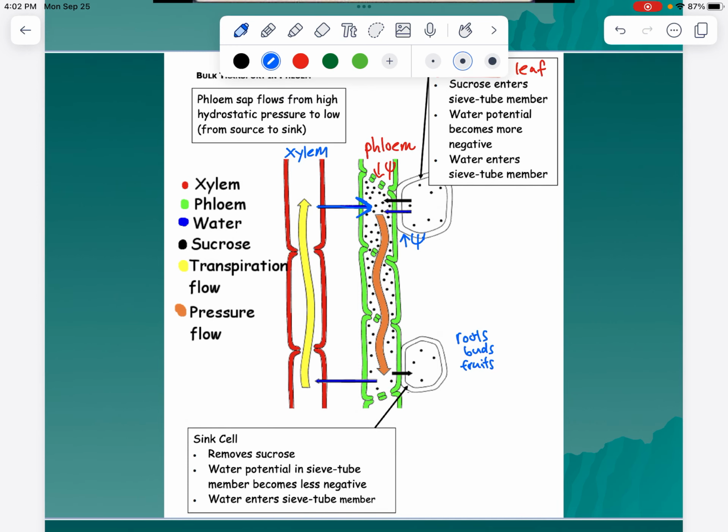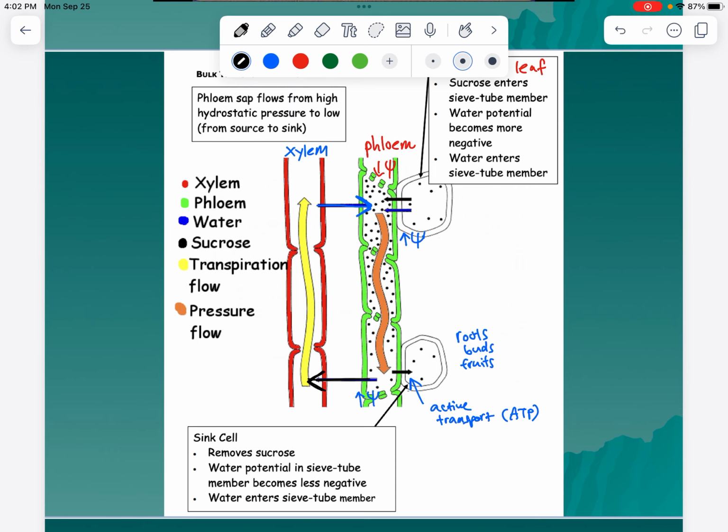So the first step is a lot of these sugar molecules will move into the sugar sink cell, and that is by active transport, meaning things are moved against the concentration gradient from an area of low concentration to high concentration, right, at the expense of ATP. And all those solutes leaving the phloem tubing will increase the water potential again, okay? And that causes some water molecules to move back into the xylem tubing.